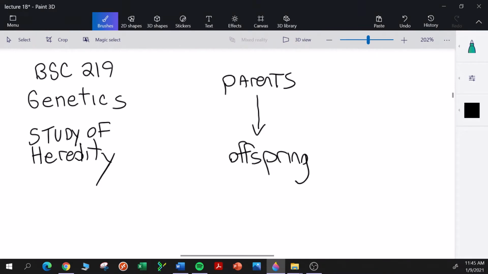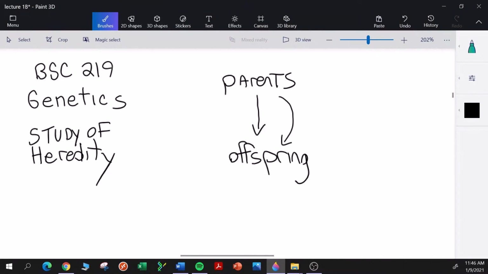So clearly the parents are transmitting some information to the offspring that causes the offspring to resemble the parents. Like squirrels, if they have offspring, the offspring look like squirrels. And even at a smaller level, in humans, human offspring generally just overall resemble or have the features of their parents.